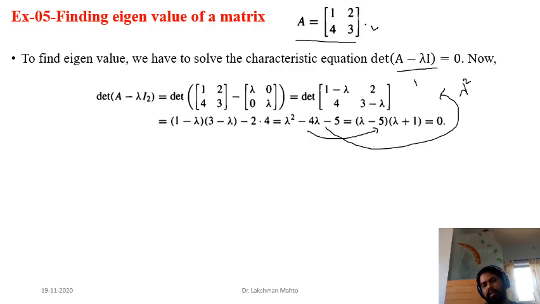The coefficient of lambda is minus 4, and the constant term is minus 5. So what you do is, the middle coefficient you try to break in terms of the coefficient of lambda square and the constant term. The coefficient of lambda square you call the first coefficient, and the constant term you call the last coefficient.